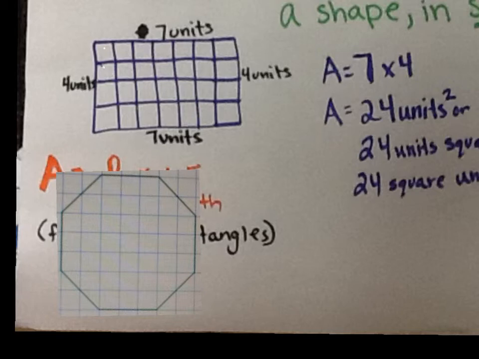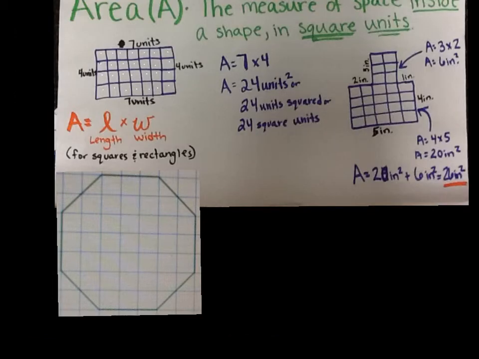So I have 1, 2, 3, and so on, up to 28. And as I just did that, I noticed a mistake in the work on the side, because the answer is 28 square units.